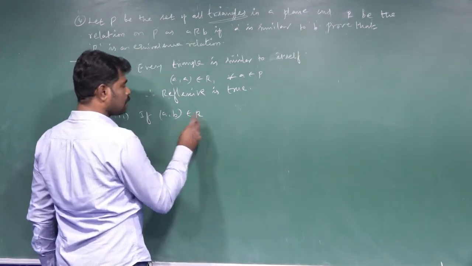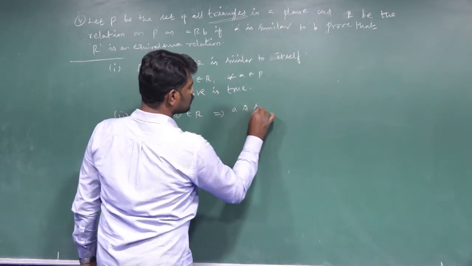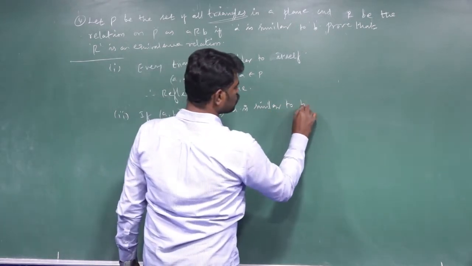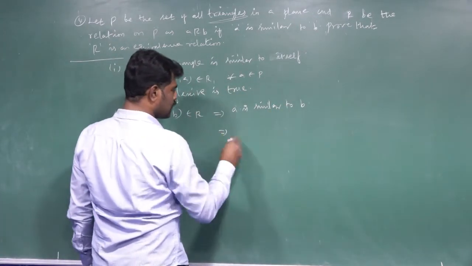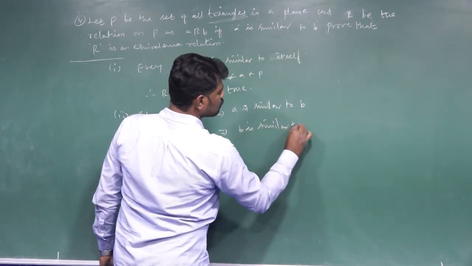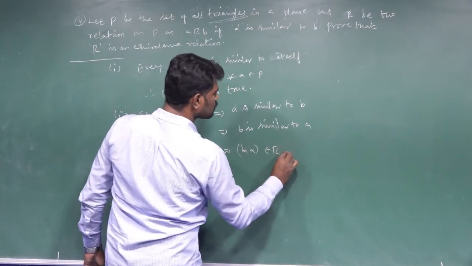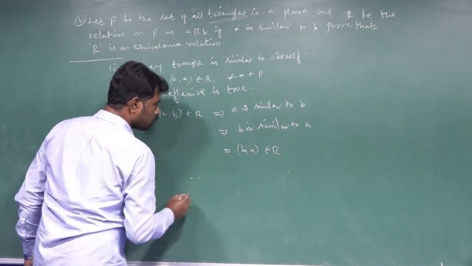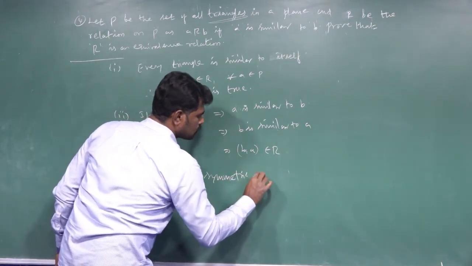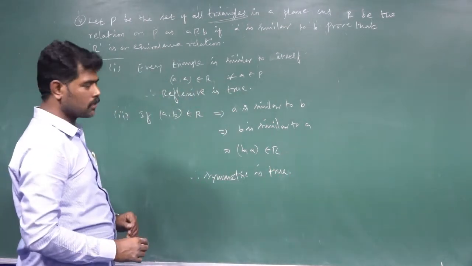If A comma B belongs to R, this implies A is similar to B. On the other hand, we can say B is similar to A. This implies B comma A also belongs to R. Therefore, symmetry is true. That's all.